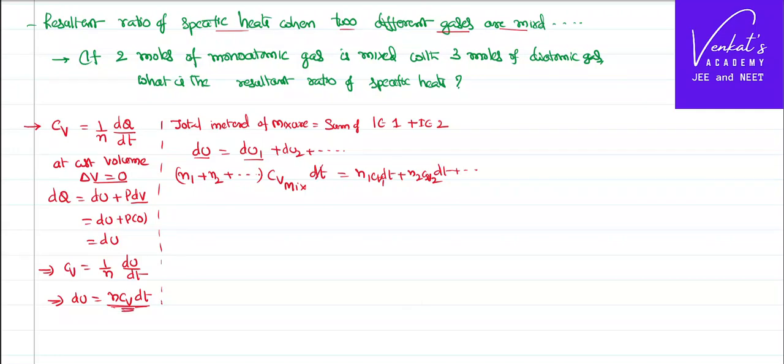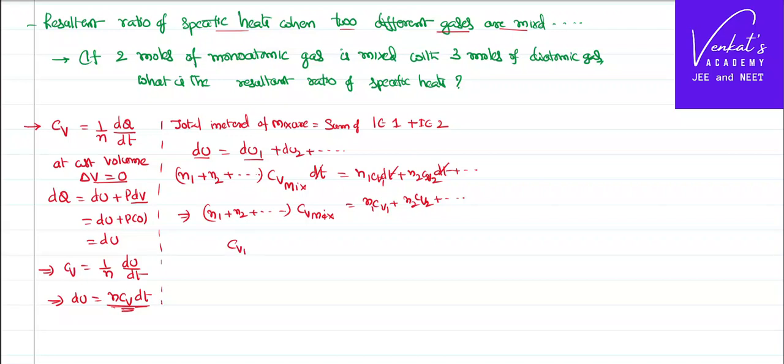So all dt's can be cancelled. You get a formula: n1 plus n2 and so on, the number of gases when mixed, have a common Cv mix as n1 Cv1, n2 Cv2, and so on.